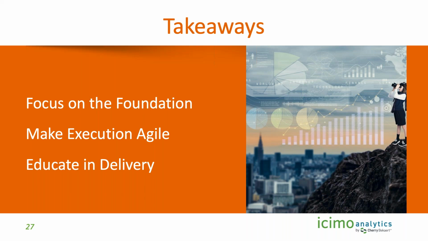As you start to put this together, make sure when you go to execute that you're thinking in an agile manner. Build that into the analytic strategy. How you're going to execute on the strategy needs to be part of it, and it needs to have agility as the primary focus of how you're going to execute.